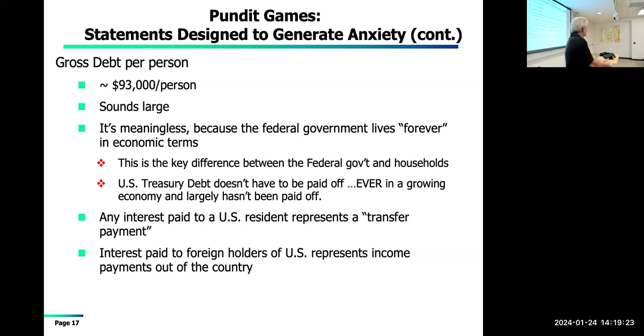The question is, from a macroeconomic policy perspective, what is the appropriate level of debt relative to the size of the economy? And for sure, the size of the debt relative to the size of the economy grew a lot during the pandemic. Now, was that a bad thing?